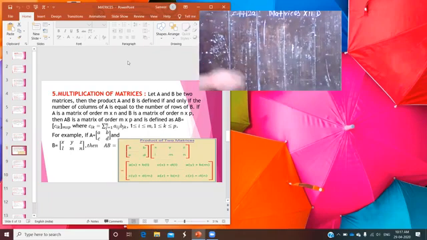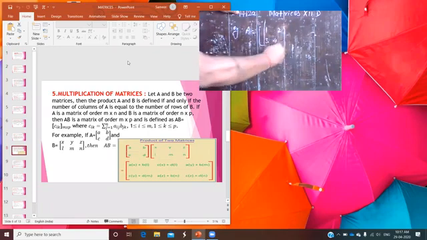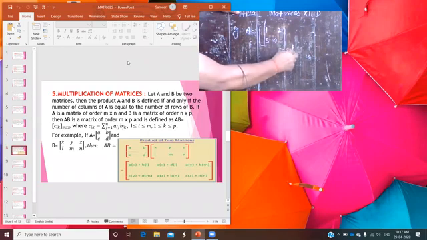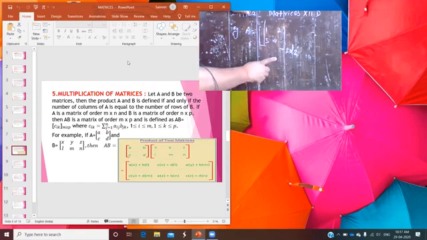Suppose the A matrix is given as 1, 2, 3, 4. The order of this matrix is 2 by 2, meaning 2 rows and 2 columns.